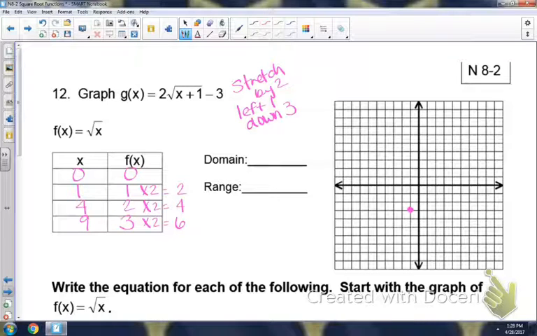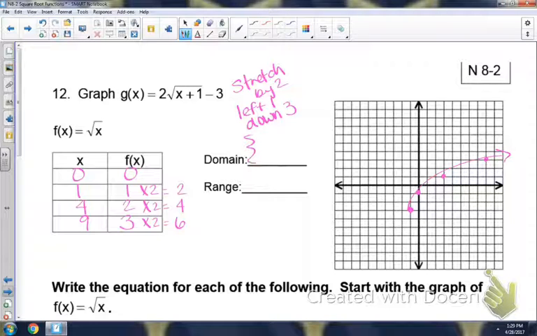So from that new endpoint, we're doing 1, 2, 4, 4, and 9, 6. So there's our new square root graph.